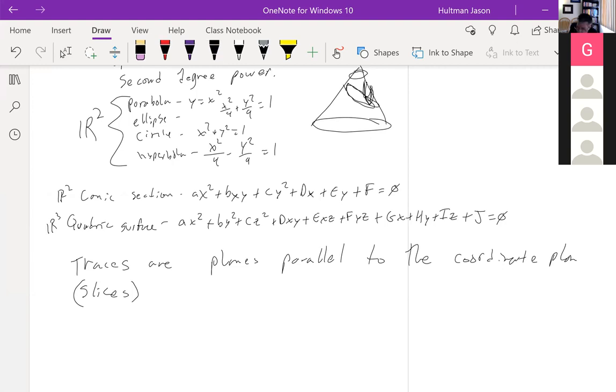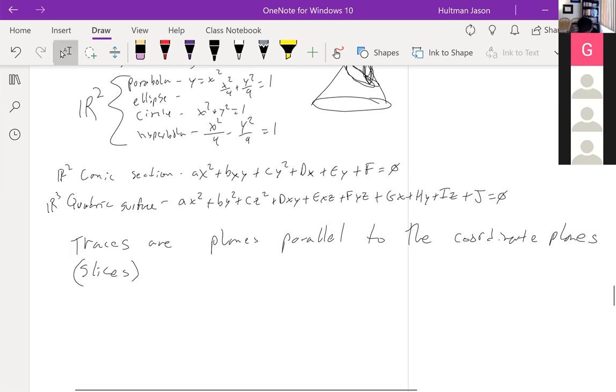Traces are special rulings, and they're only in the X, Y, and Z direction. They're parallel to the coordinate planes. They're special types of rulings, think slices.